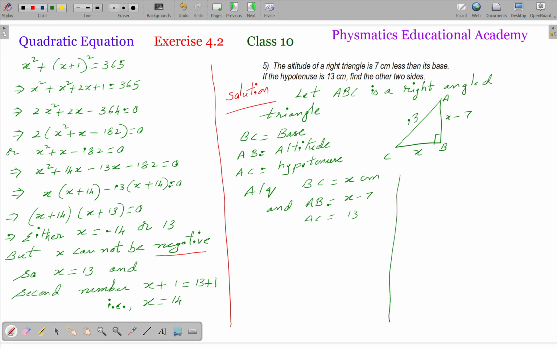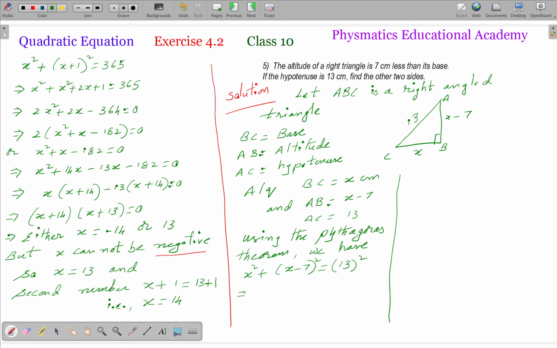Now, since according to the question the altitude is 7 centimeter less than the base, using the Pythagoras theorem we have x square plus x minus 7 whole square is equal to 13 square.